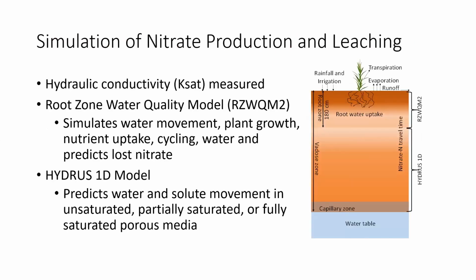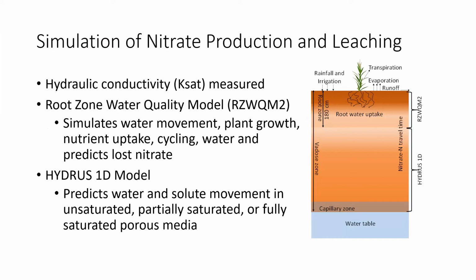In addition to the coring, we did some modeling using some data that we collected from the cores, measuring hydraulic conductivity. We actually coupled 2 different models. One was the root zone water quality model that was put together by the USDA Ag Research Service.